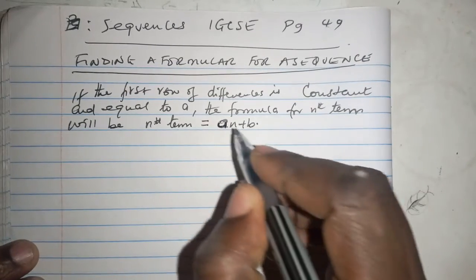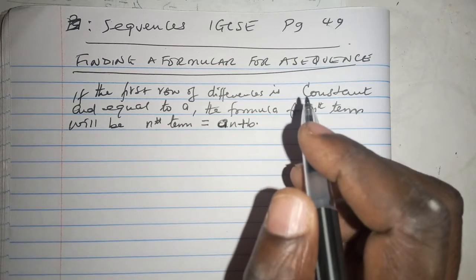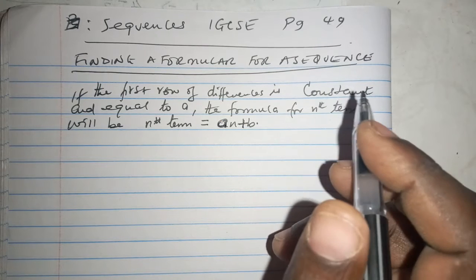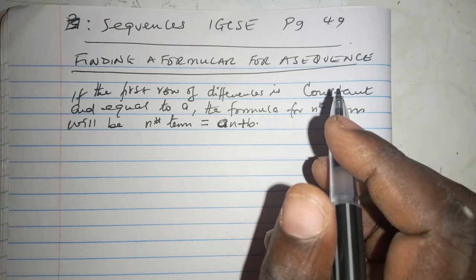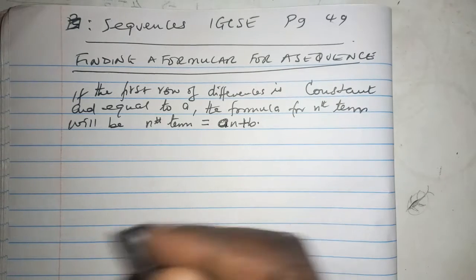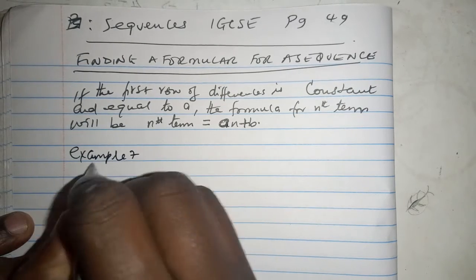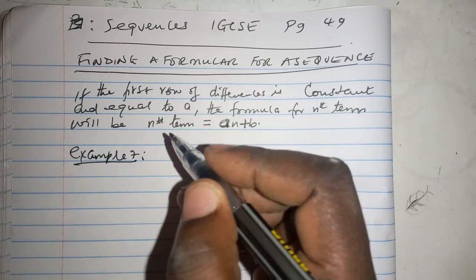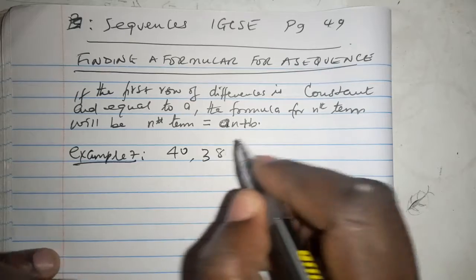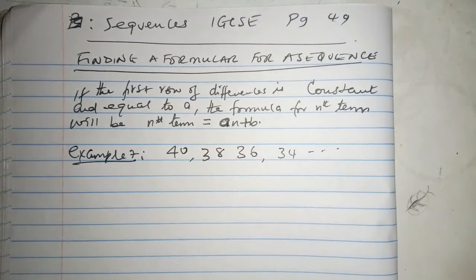I want us to go directly to example 7. Find the formula for the nth term of the sequence 40, 38, 36, 34, and so on.